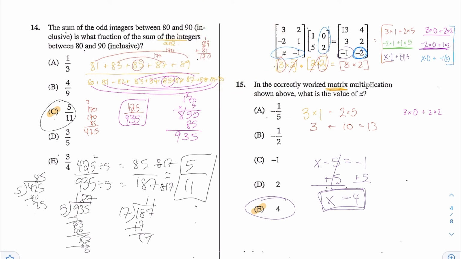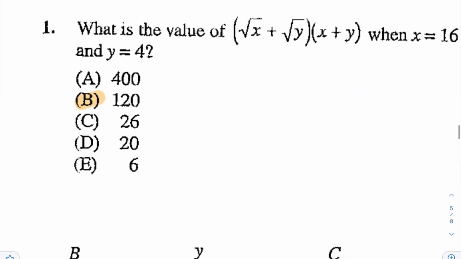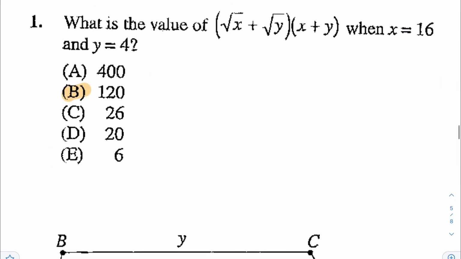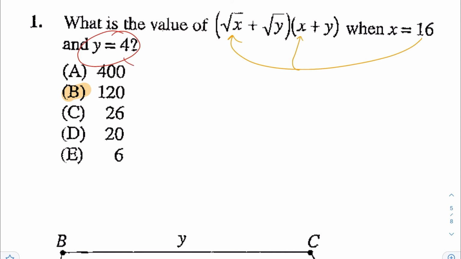All right, and here's the summary for this page. All right, for number 1, what's the value of the square root of x plus square root of y times x plus y when x is equal to 16 and y is equal to 4? So replace all the x's with 16, and then replace all the y's with 4.